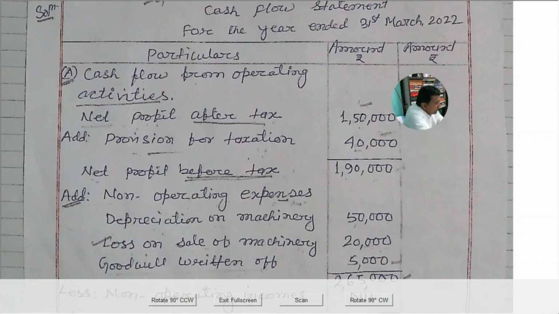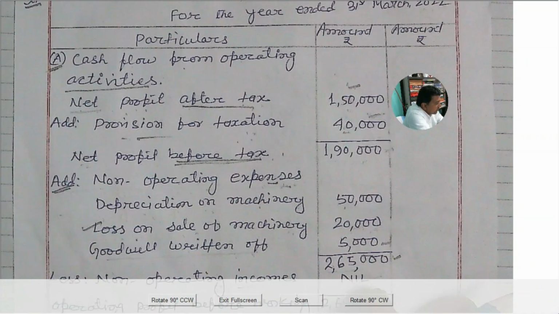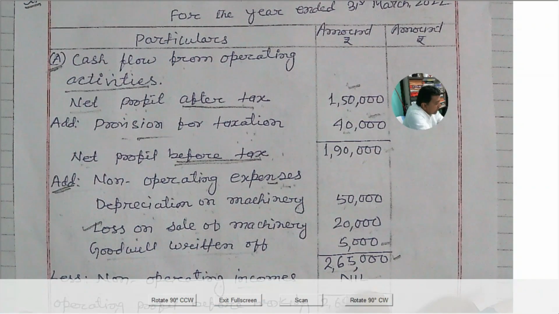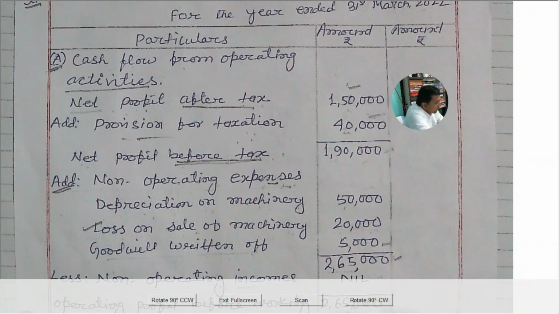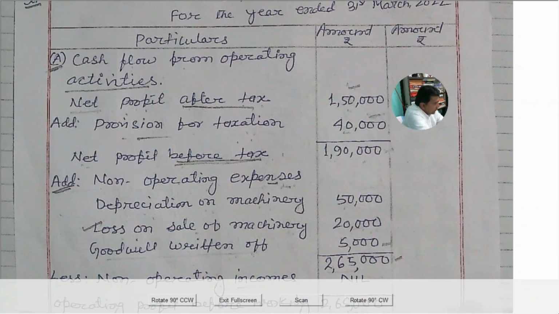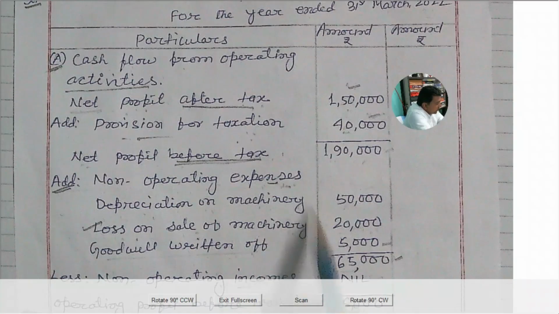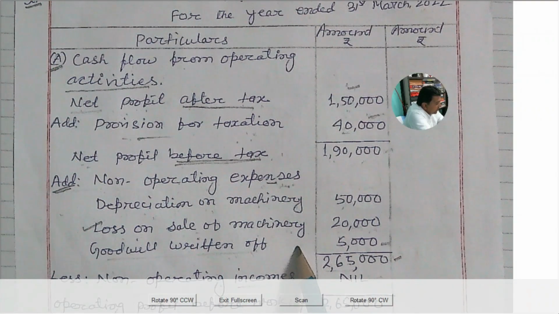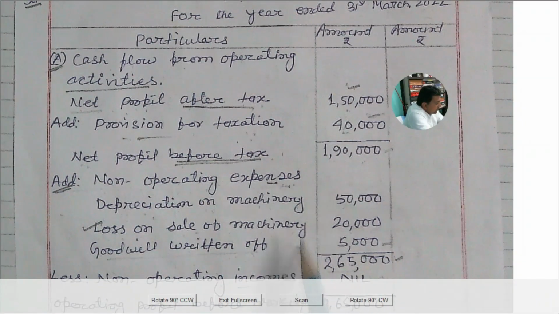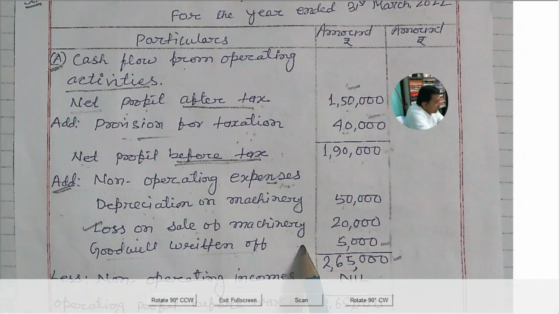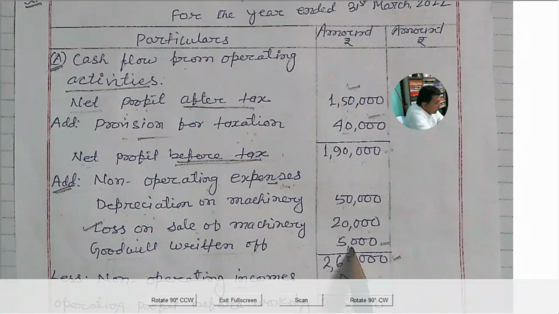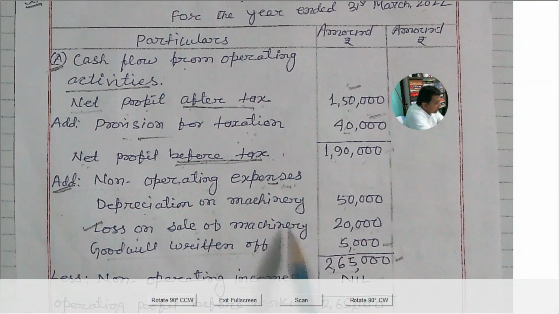These items only reduce the balance of the profit and loss account, but there are no cash outflows. When the profit and loss account was prepared, these amounts were already deducted. From the cash flow point of view these items are considered non-cash items, so they do not involve cash outflow, so we should add them back.